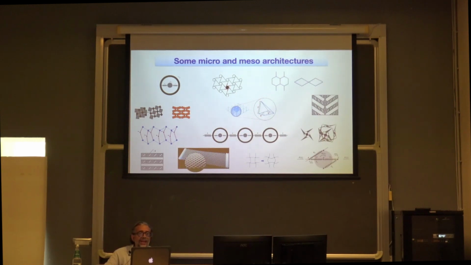Here are some micro and meso architectures. I wanted to show them to you, and you have already seen some very interesting ones. In every case, you have a meso length scale where you can describe and model the system using springs, rigid bodies, masses.